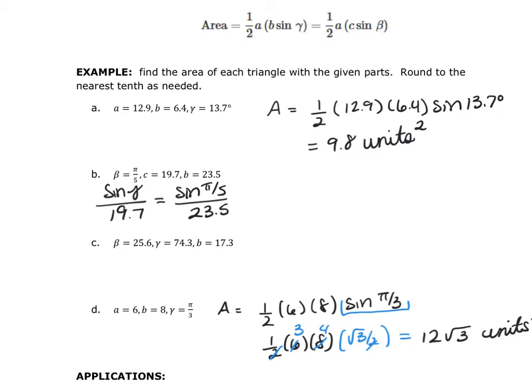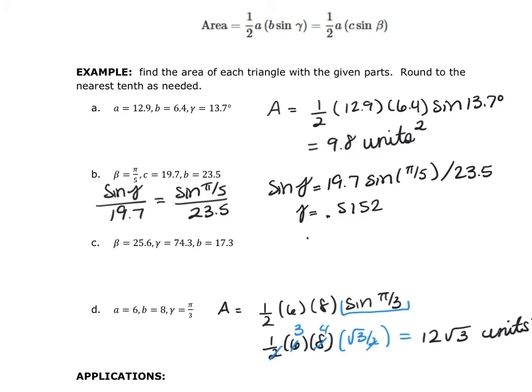Make sure your calculator is in radians. So the sine of alpha is going to be the 19.7, the sine of pi over 5 divided by the 23.5. And so I end up with alpha when I take the sine inverse is 0.5152. Now this is in radians.